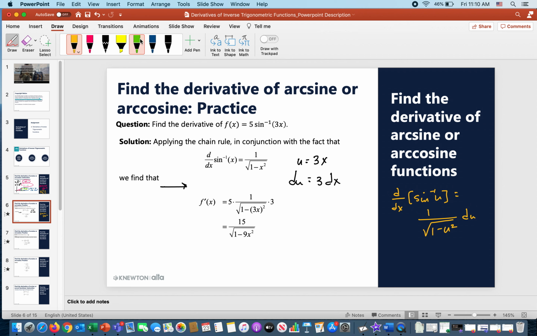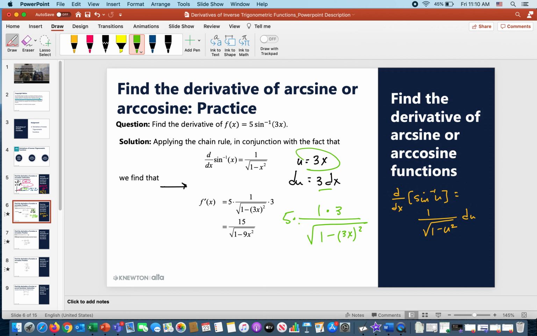So I'm going to replace du with 3 dx, and then multiply by 1 over the square root of 1 minus u squared. In our case, u is equal to 3x, so we're going to have 3x squared down here, and there's a 5 out front, so we don't want to forget to keep up with that 5.